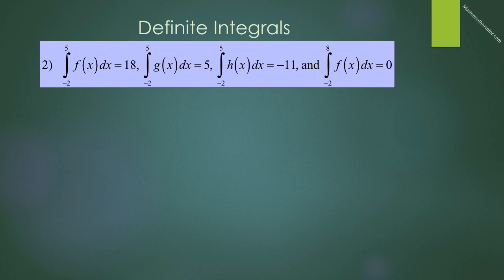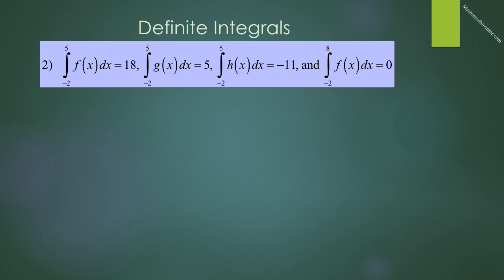What it does say, though, is that there is more area above the x-axis than below the x-axis. The same is true for the g function. But for the h function, there is more area below the x-axis, from x equals negative 2 to x equal to 5, than above the x-axis.